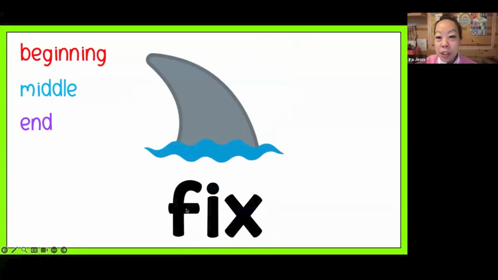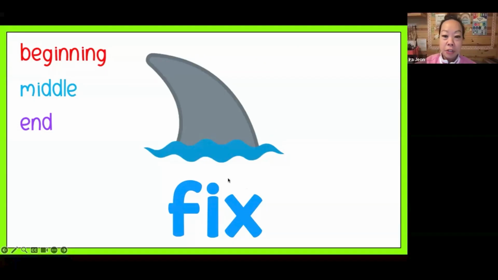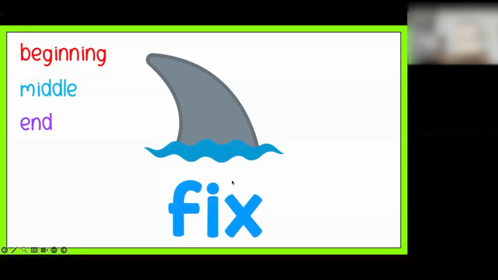I'm trying to make the word pin. Does anybody see what letter is wrong over here? Yajva, do you know which letter is wrong? X. Yes, the ending sound is wrong, right? Right now, do you know what this word says, Yajva? Right now it says pix.